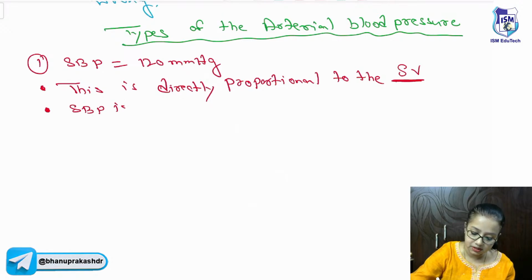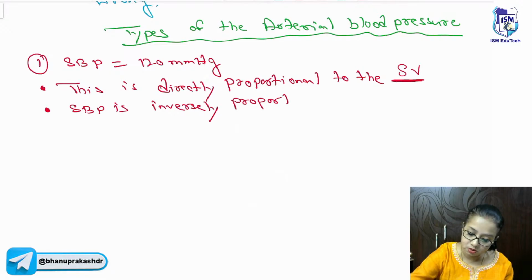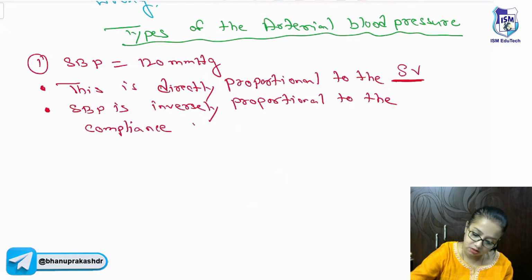Systolic blood pressure is inversely proportional to the compliance of aorta.